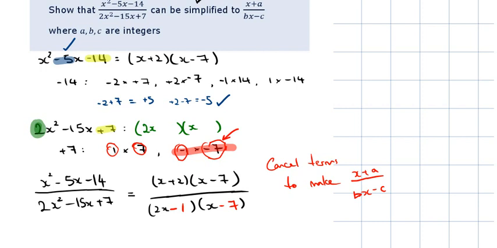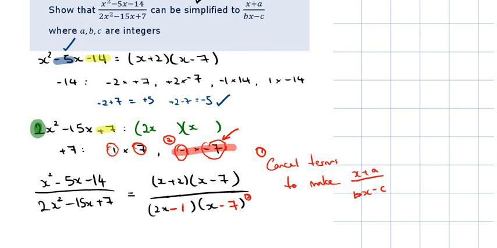Okay, let me go through it again. Because I have to cancel out the terms to make x plus a over bx minus c, I know that my term has to be either plus 2 or minus 7. Well, it can't be plus 2, because here I only have these four options: 1, 7, minus 1, or minus 7. So the only thing I can choose is this minus 7.